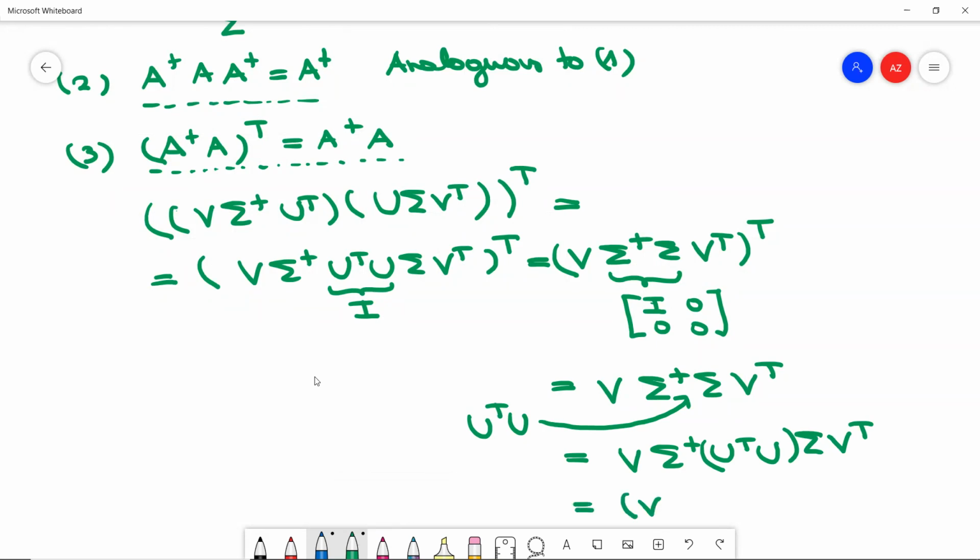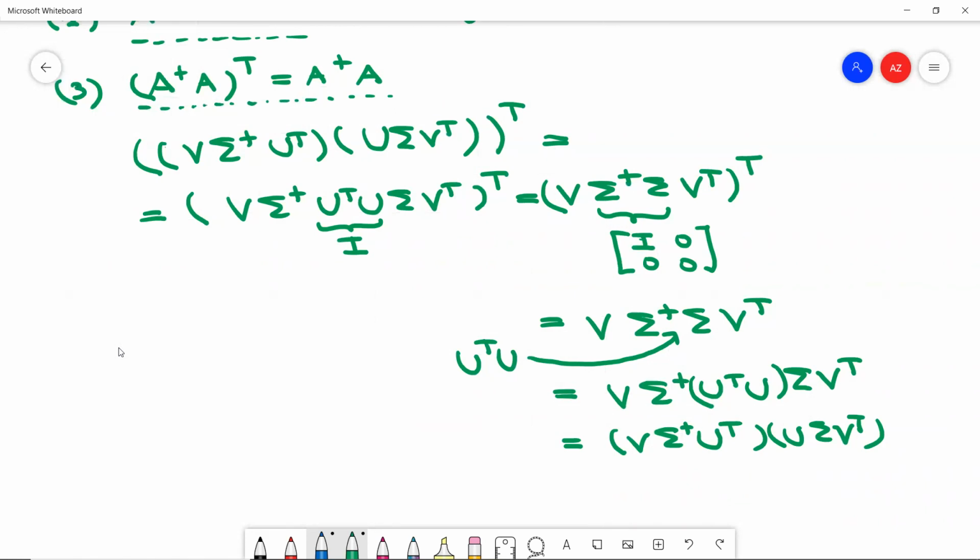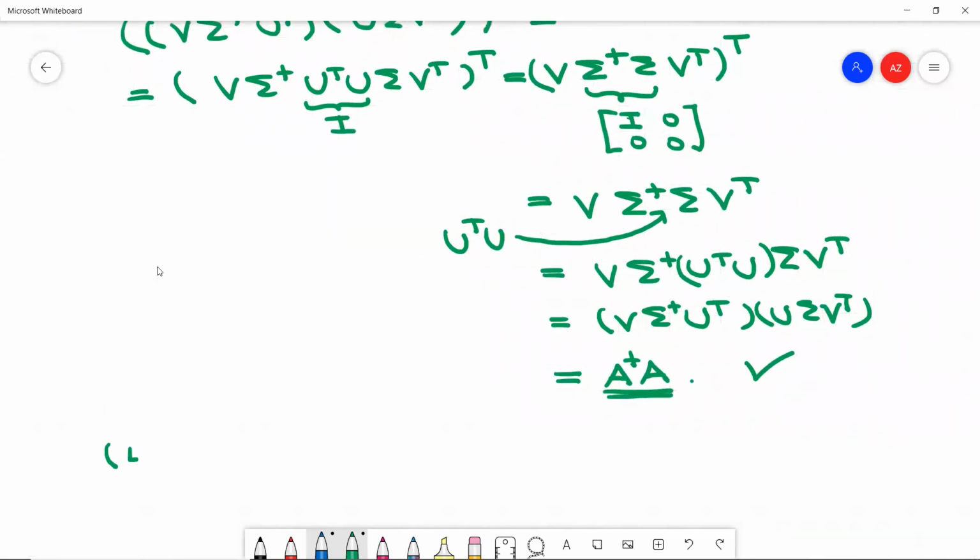But this is just V sigma plus U transpose, and then U sigma V transpose, so it's A plus A. So also this third condition is fulfilled by our candidate for A plus. And you can analogously check the fourth one. So A A plus must also be symmetric. This is analogous to 3.